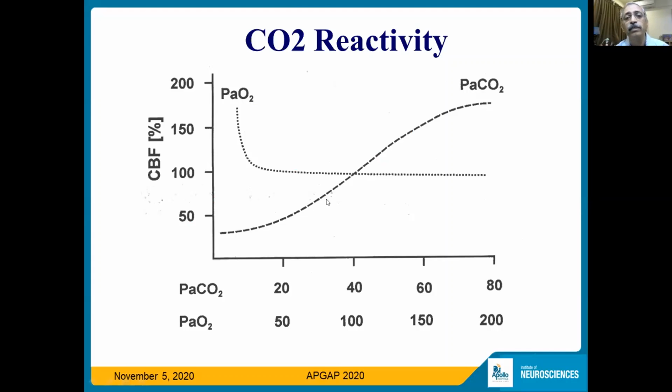So this is one of the reasons why the trend is towards the maintenance of normocapnia or mild hypocapnia, up to 34 to 36 millimeters of mercury of PaCO2, which ensures that there are no further ischemic episodes in these patients.